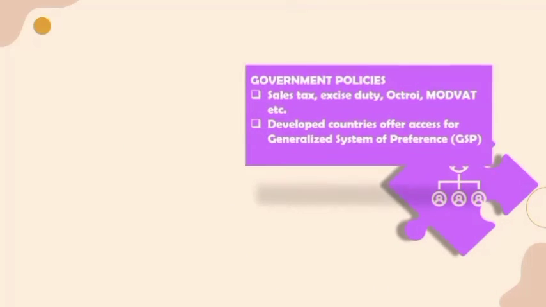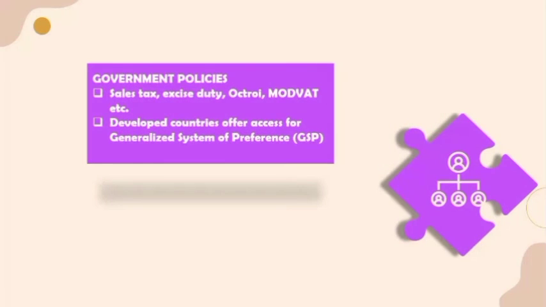The last element is government policies. The logistics system need to be designed to conform to the policies of the government of the exporting country as well as the importing countries. Government policies related to sales tax, excise duty, octroi, modvat, and many more.